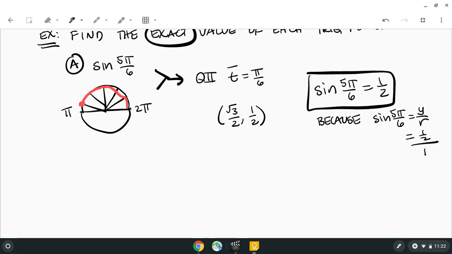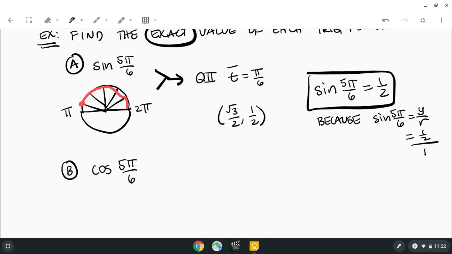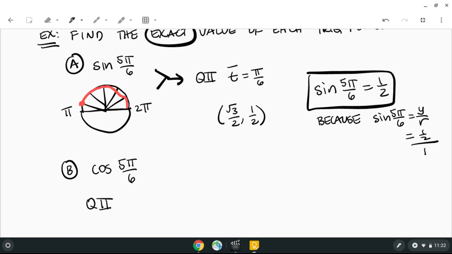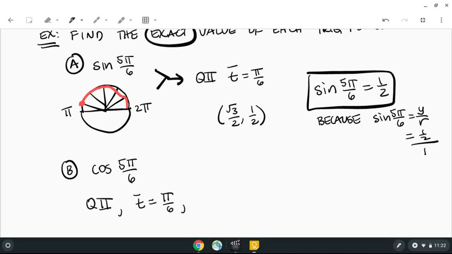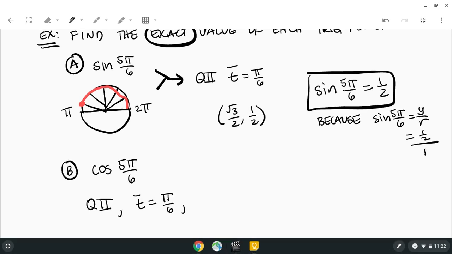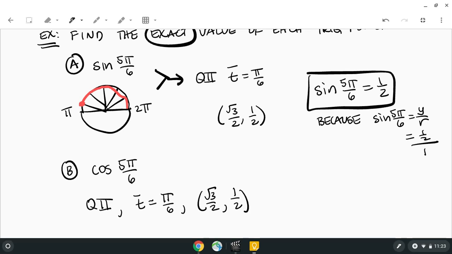Okay, let's try another one. Find cosine of 5 pi over 6. So 5 pi over 6, again, puts me in quadrant 2, and my reference is pi over 6. And so that tells me that it's associated with this point, square root 3 over 2, 1/2.